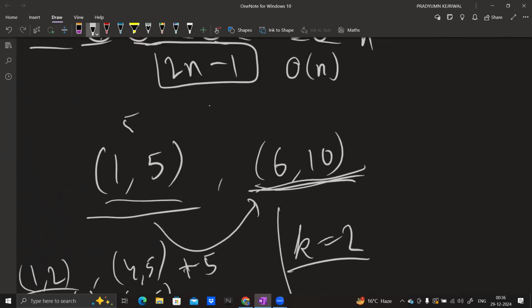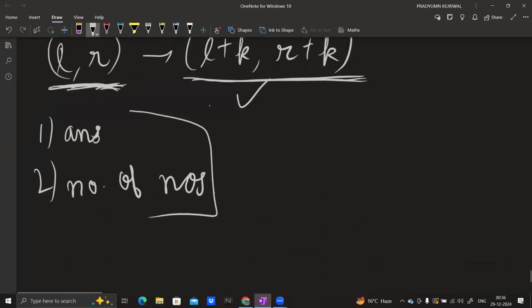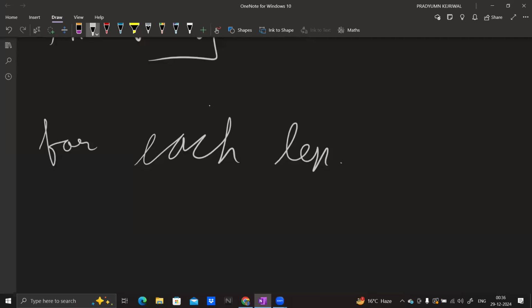Say this is length 5, this is length 5. Then definitely we can calculate one from the other. So for each length, we'll calculate the answer only once.